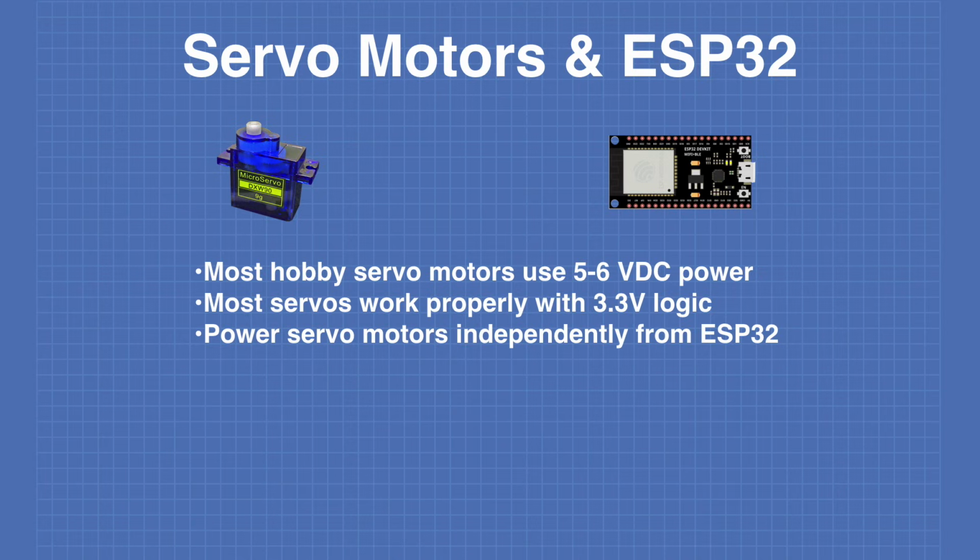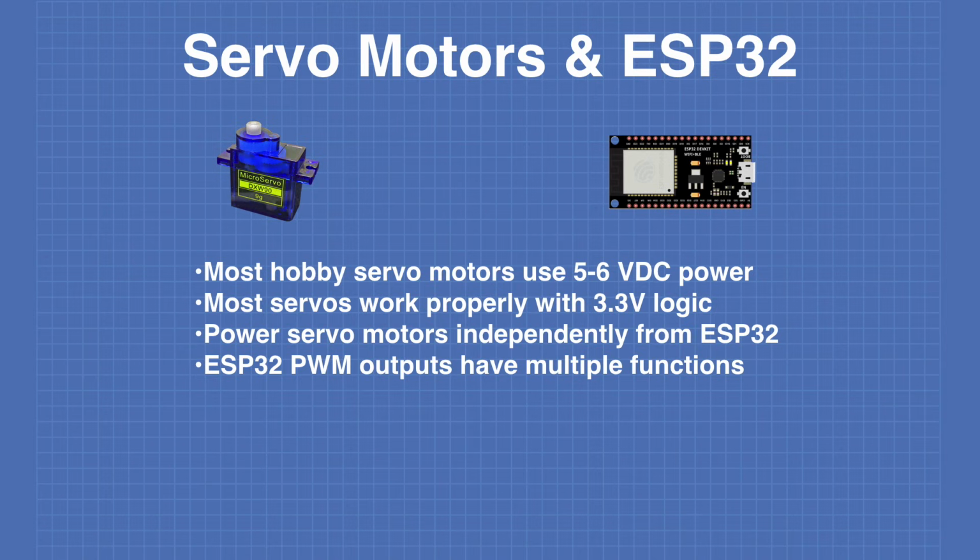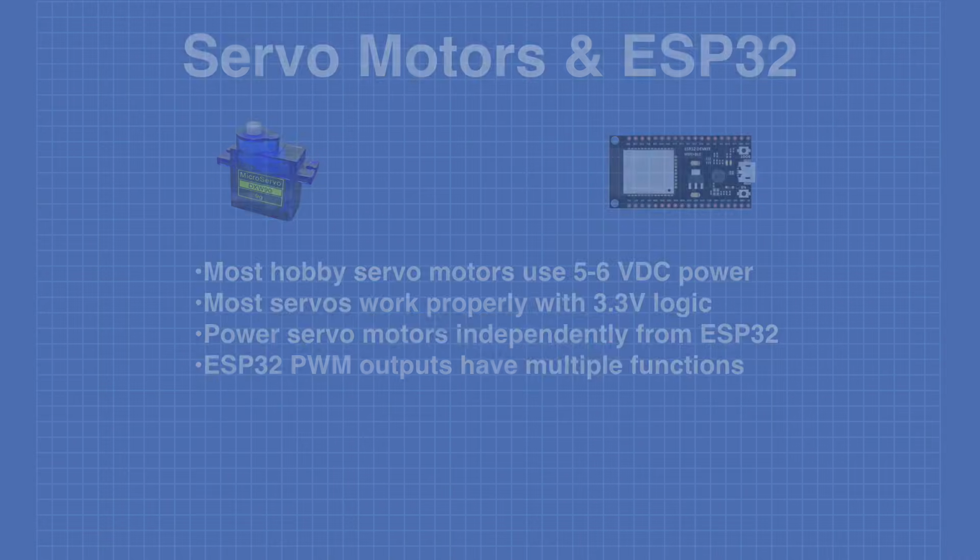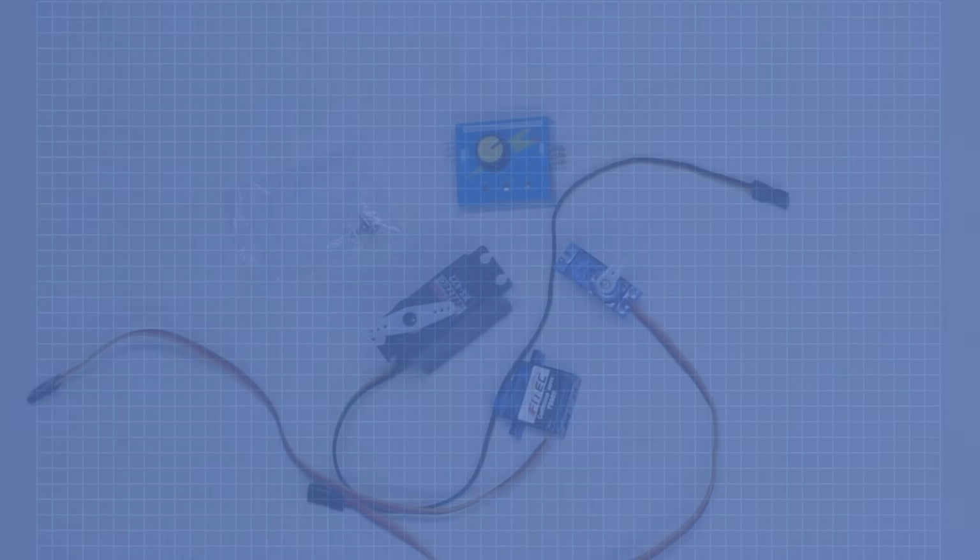It's not a very good plan to share the power line between any motor and a microcontroller. Many of the ESP32 pins have multiple functions, so make certain when you're picking a port to use for pulse width modulation that that port isn't used for another function. So now let's start working with servo motors and the ESP32.